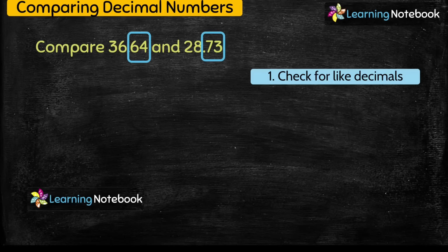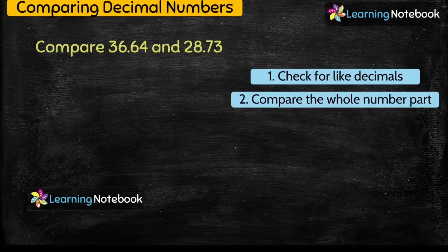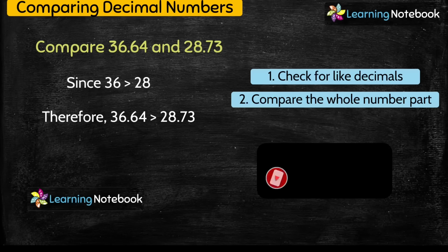Now step 2 is compare their whole number part. So since 36 is greater than 28, it means 36.64 is greater than 28.73.